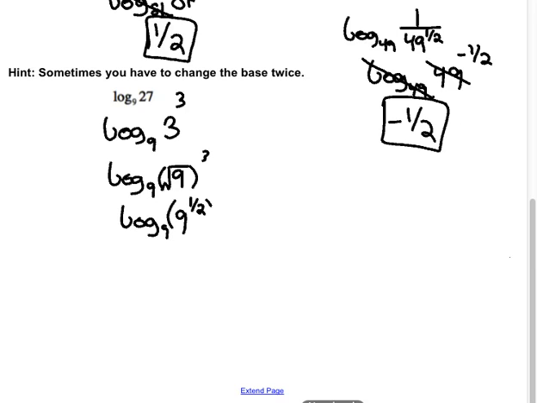And again, just like before, square rooting is the same thing as a 1/2 exponent. And now the real loop here is power of a power. So I can multiply those exponents to give me 9 to the 3/2.